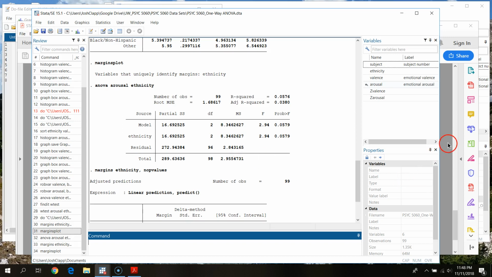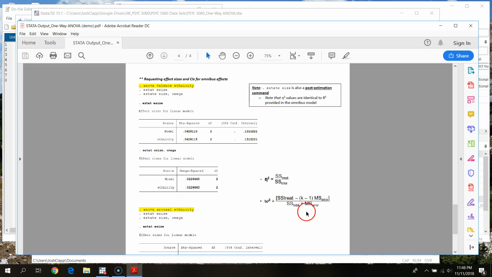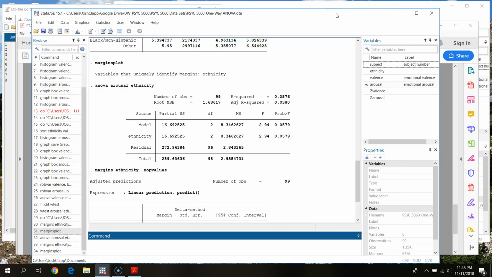Okay. But the nice thing about Stata is that it will calculate these for you. Again, this is going to be a post-estimation command.